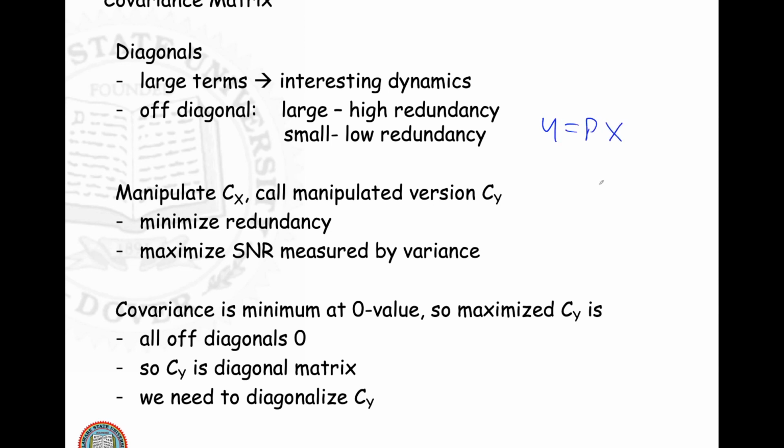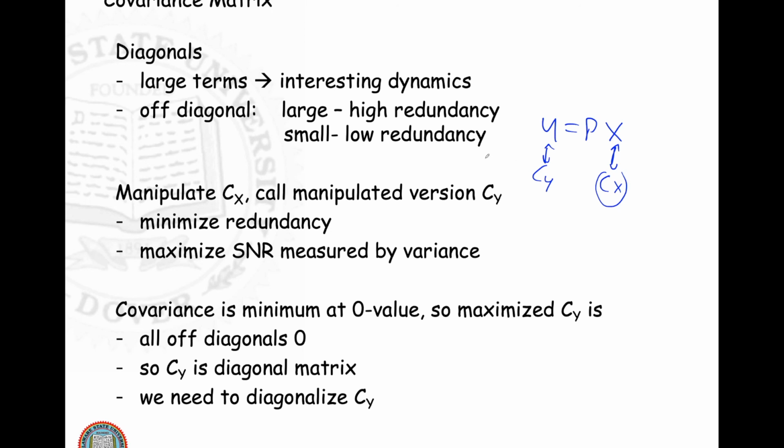So essentially what we want to do, we said Y is equal to PX, and P was our transformation. Now certainly in its original form, X has a covariance. We call that CX, and in the transformed version, that data also has a covariance. We're going to call that CY. Now, ideally, what we want P to do is to manipulate the covariance matrix associated with our original input features, our measurements, such that the covariance of the resulting system minimizes redundancy, i.e. makes the off-diagonal terms low.